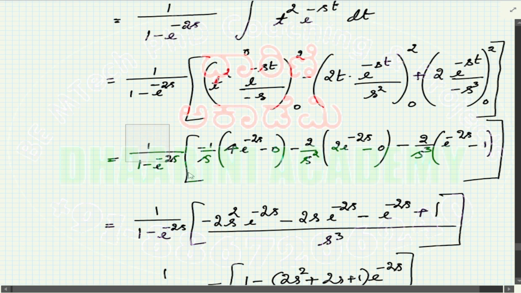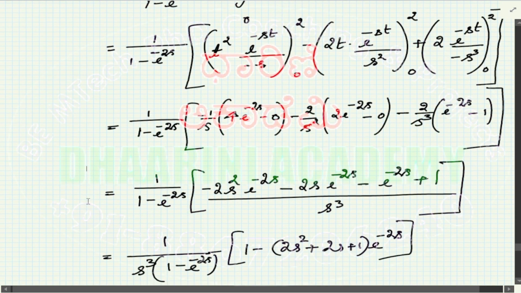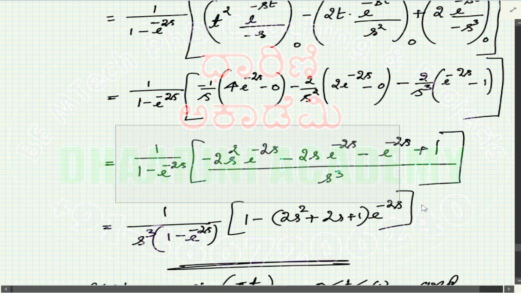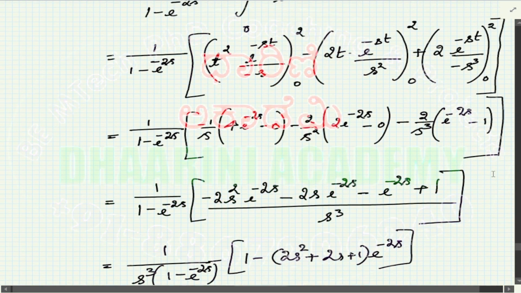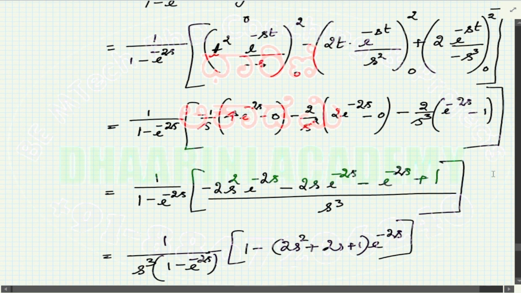So that is the substitution version. Once you substitute, then we go for simplification. Taking out the common terms and simplifying gives you this answer. Okay, just go through this and let me know if you have any doubts.